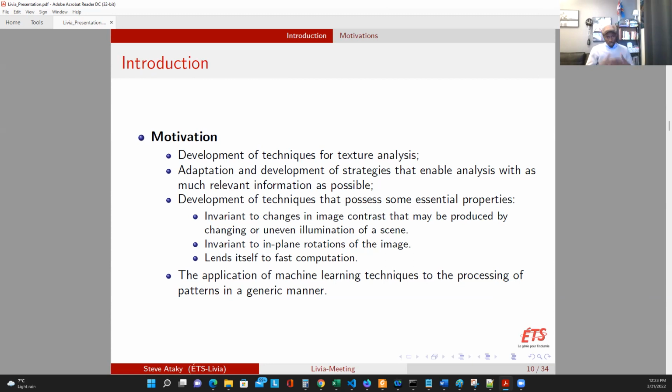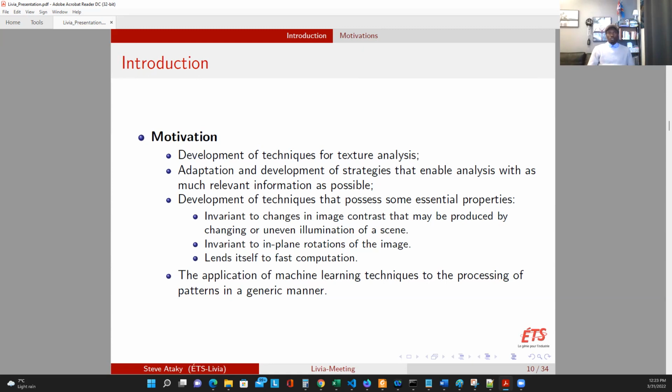In the characterization of image texture, we want to characterize a texture from an image with some essential properties. So we want to develop a texture descriptor that will be invariant to change in image contrast, invariant to in-plane rotation of the image, and a descriptor that will lend itself to fast computation.